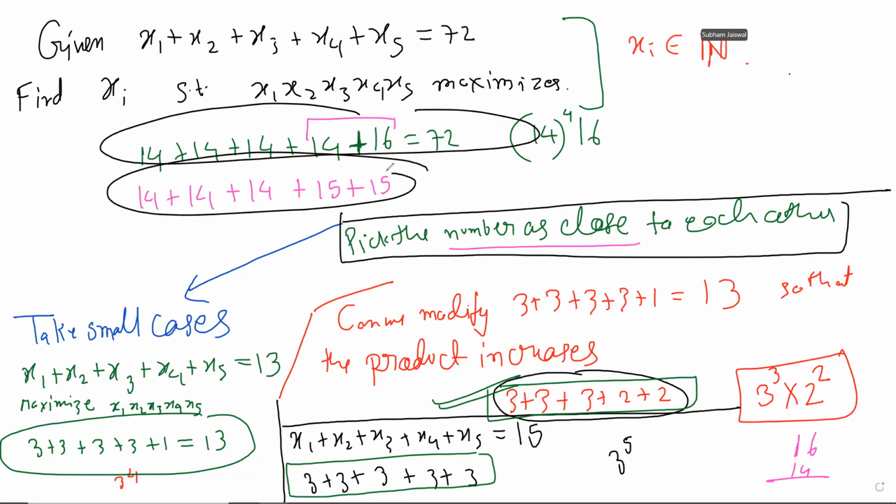It's very clearly stated. Well, it's not formally stated, because when I go to state it formally, we might lose the idea. So first let's understand it intuitively, right? Pick the numbers as close to each other. You may pick 14, 14, 14, 14, 16 first, but then you can try to see, can I make this gap 1 instead of 2? And you can always do that, right?